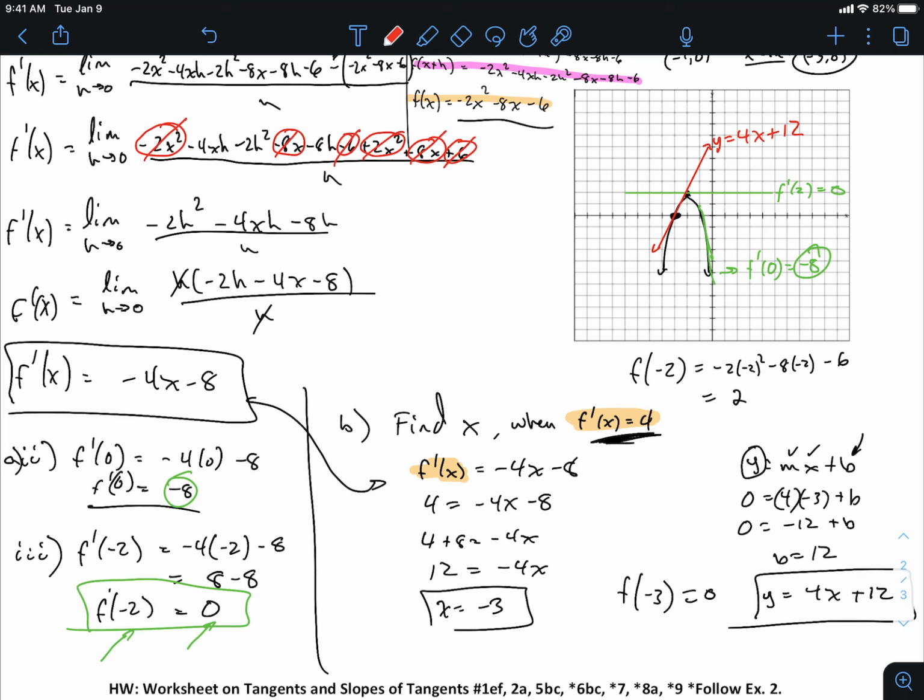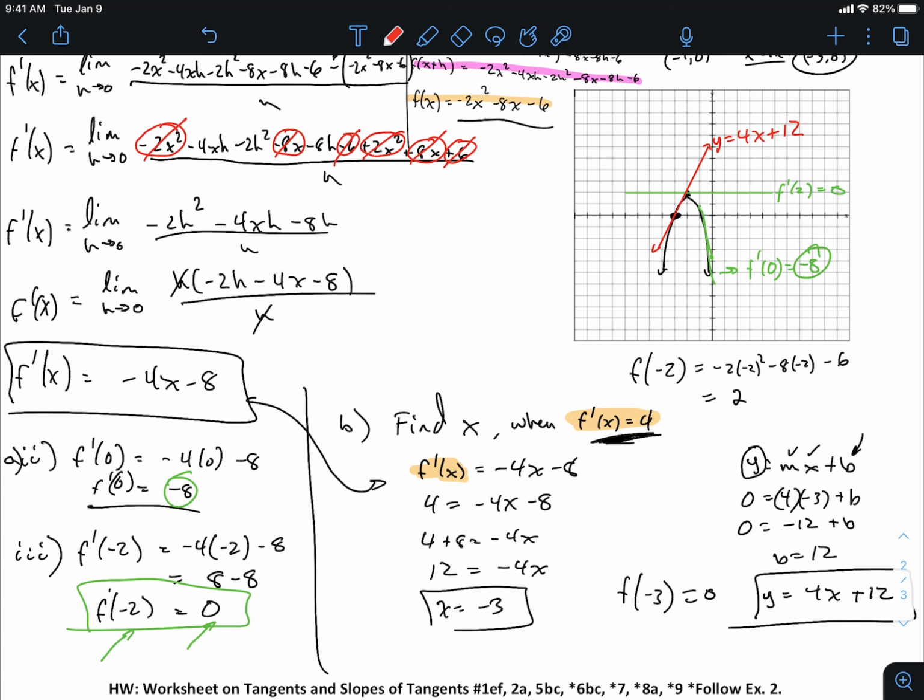Okay, so that's it, guys. That's how we find a generalized tangent, or the slope. We find an expression that represents the slope around the entire curve or function, whatever it is that you're dealing with. And then from there, we can find the specific slope values and their appropriate equations using that generalized expression, f prime of x, that we got from the limit, or the derivative.